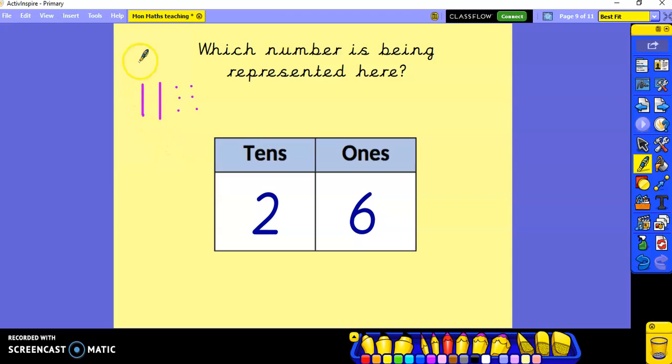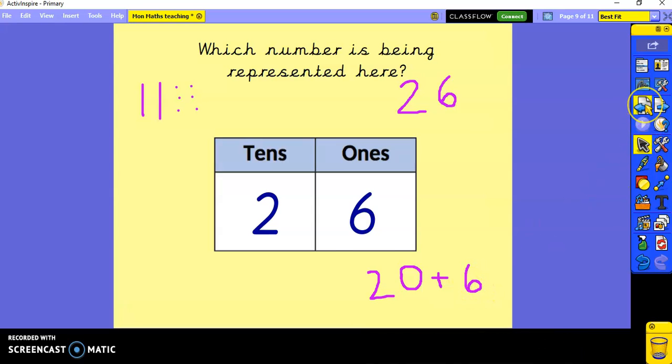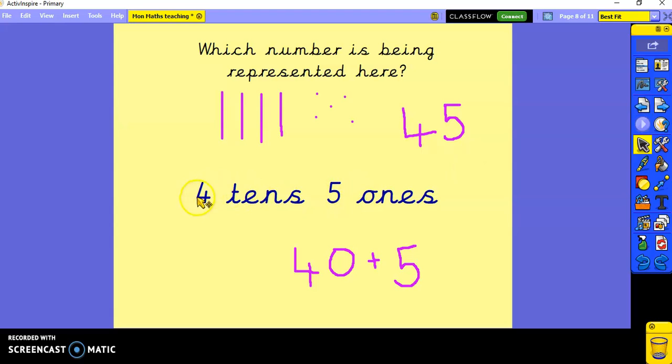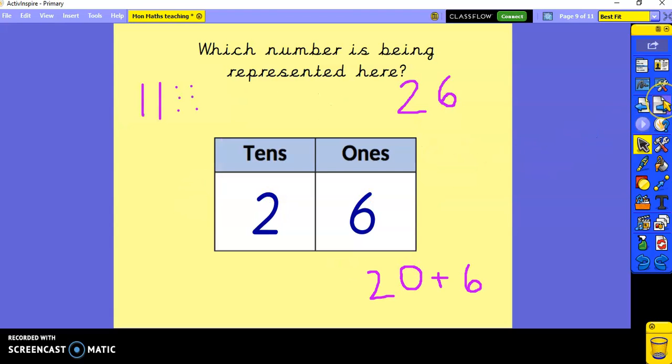So let's count it up in tens and ones. 10, 20, 21, 22, 23, 24, 25, 26. And I could also write that as a partitioning number sentence. 20 add 6.